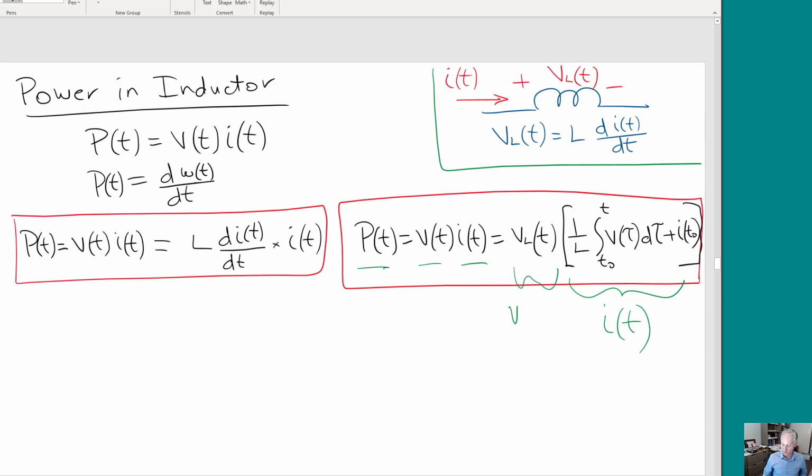It's still voltage times current, so that's a very useful relationship.